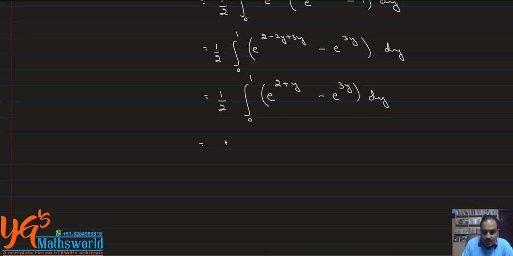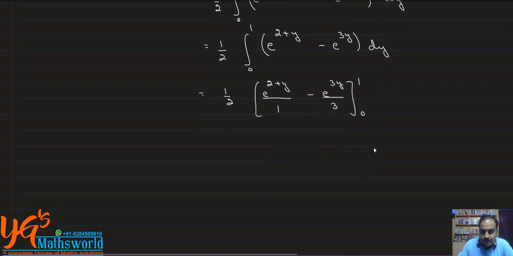Now integrating with respect to y. So when we are integrating with respect to y, e raised to 2 will be a constant, e raised to 2 as it is, plus y divided by the coefficient of y, that is 1, minus e raised to power 3y divided by the coefficient of y, that is 3, 0 to 1.